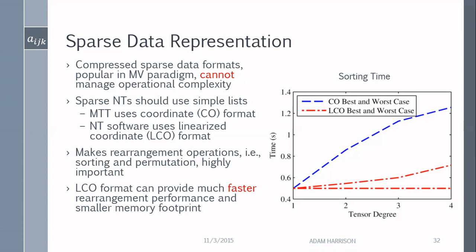You see in this figure a comparison of the best and worst case sorting times for a representative operation, where we're varying the tensor degree, in comparison to the alternative coordinate format. With the linearized coordinate format there's some variation in the speed, but overall it's always faster than the comparative example here.